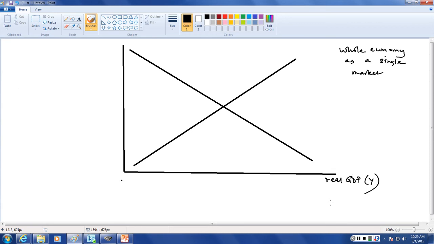So we are going to need what kind of price index? Not the consumer price index, but the GDP price index. Now, what is the GDP price index? It's kind of like the consumer price index.